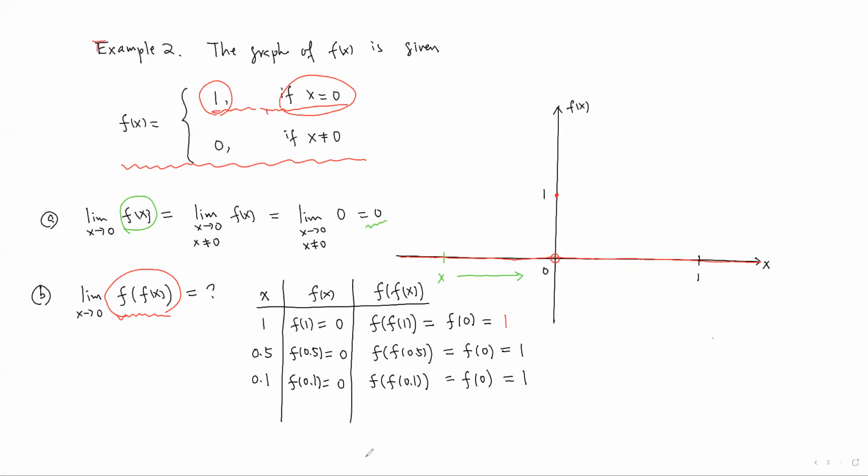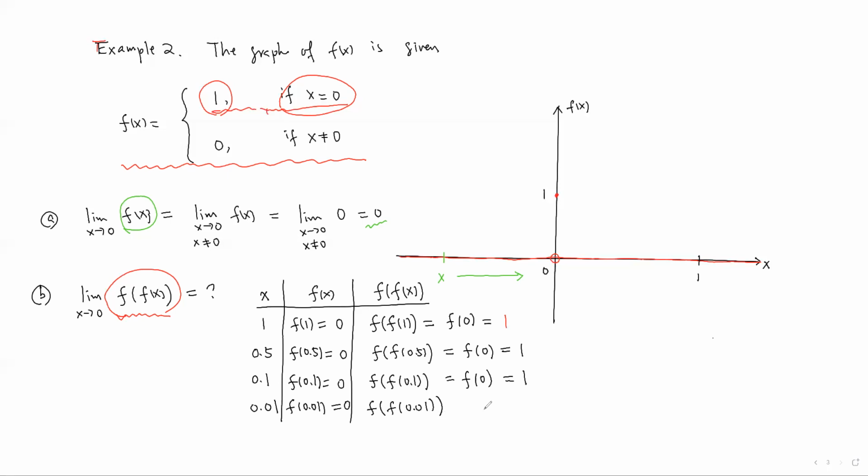I continue to move x toward 0. Now the next point, let me pick 0.01, very close to 0. The function value at 0.01 is 0, from the definition of f.